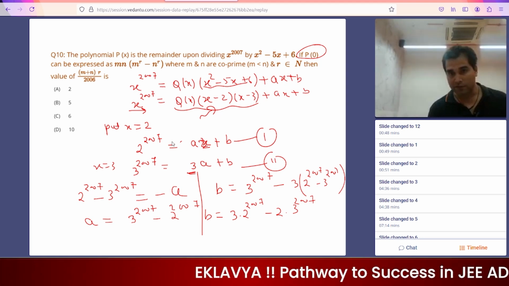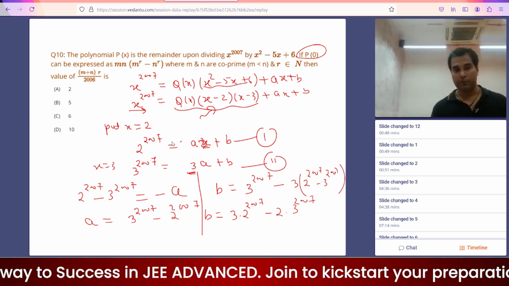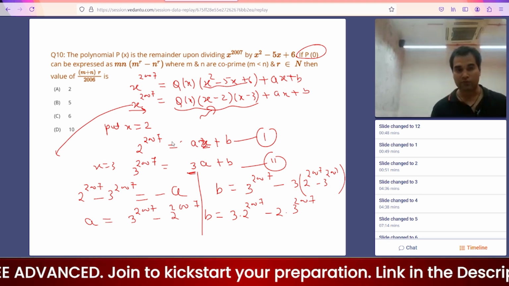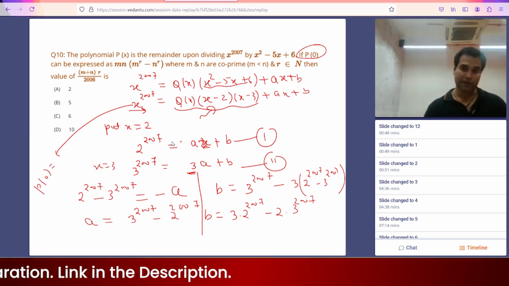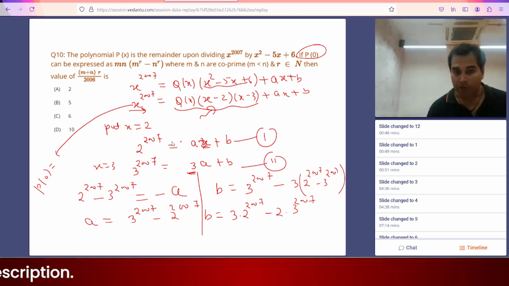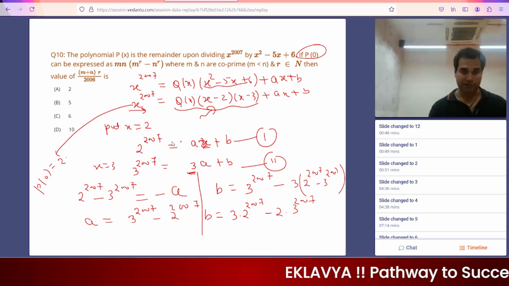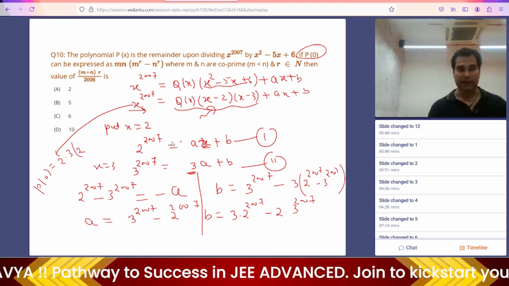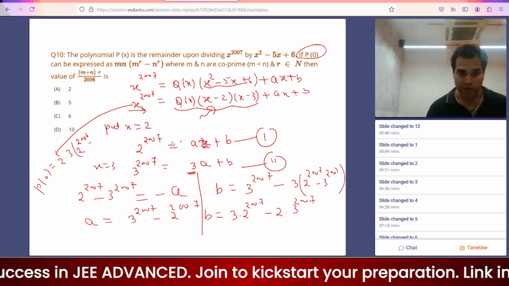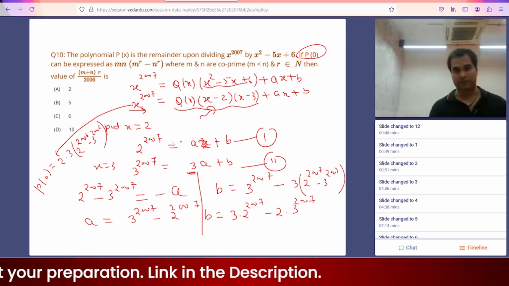We are asked to find p(0). When we put x equal to 0 here, p(0) equals 0 minus 2 and 0 minus 3. This means here we will get 2 into 3 into 2^2006 minus 3^2006.